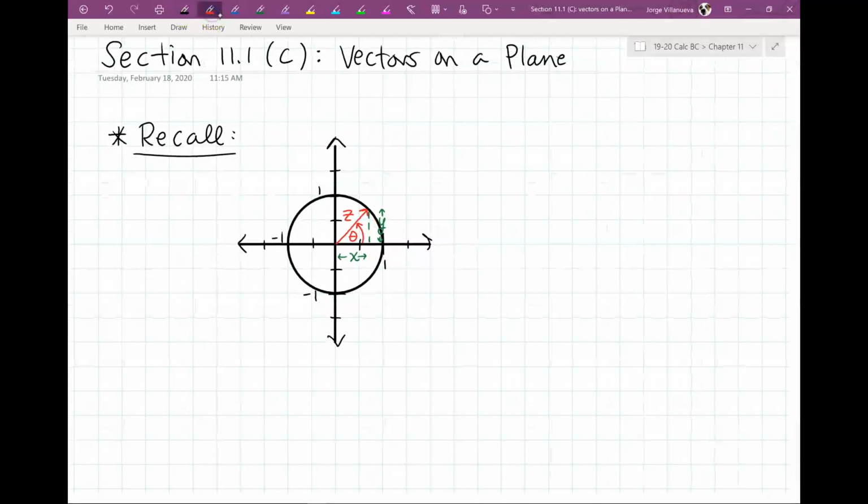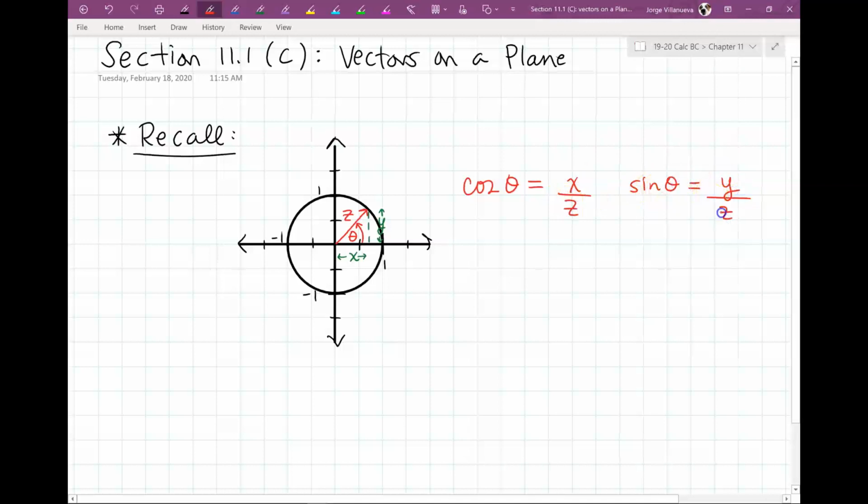Okay, we know that cosine of theta would be x over z, and we know that sine of theta would be y over z. Now if I solve for x and y, I get that x is equal to z cosine theta, and y is equal to z sine theta.